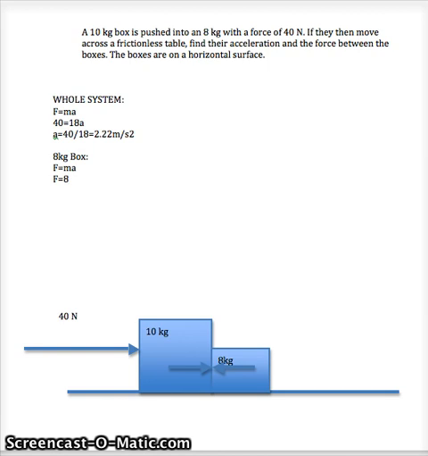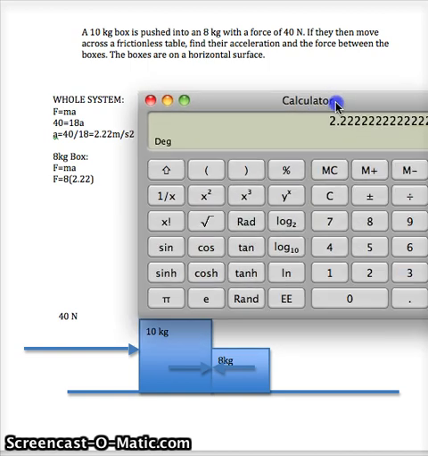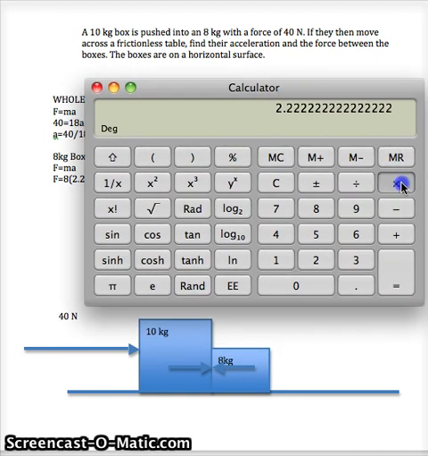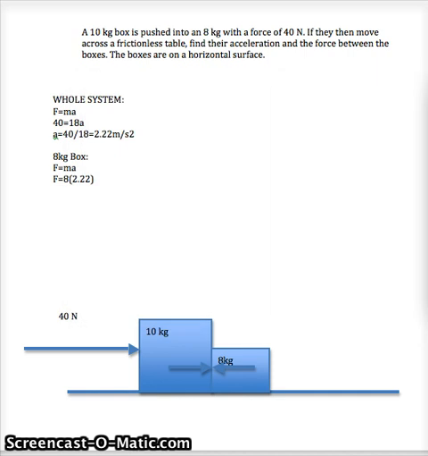So it's F equals 8 kilograms times the acceleration, which we know is 2.22 repeating. So we can bring that back in and multiply it by 8, and we get 17.8. So that equals 17.8 newtons. And that's the whole problem.